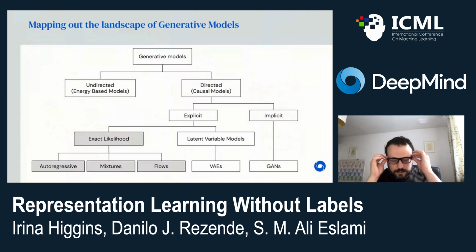Now let's see in more detail this taxonomy of generative models. At the very top, we have these two major classes, which are undirected and directed models. Undirected models are what some people call energy-based models as well.